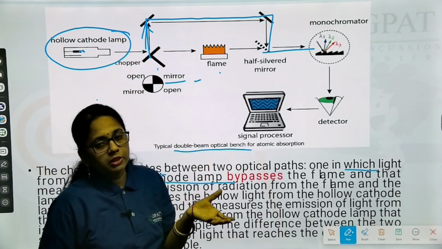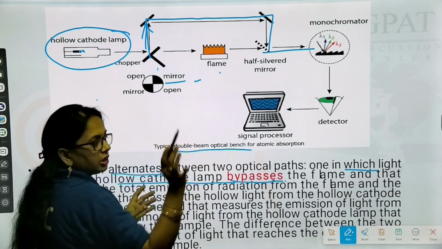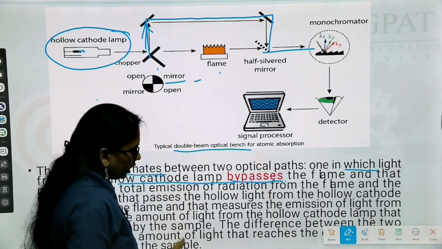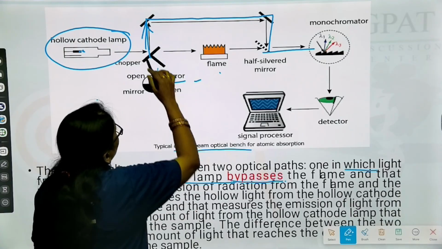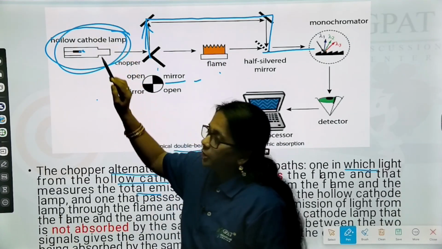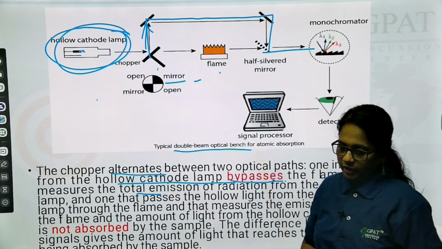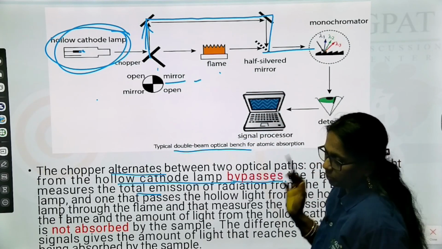When it is kept in the mirror position, it bypasses the flame. It is not entering the flame, and that measures the total emission generated by this lamp, which is taken up by the detector through the monochromator.